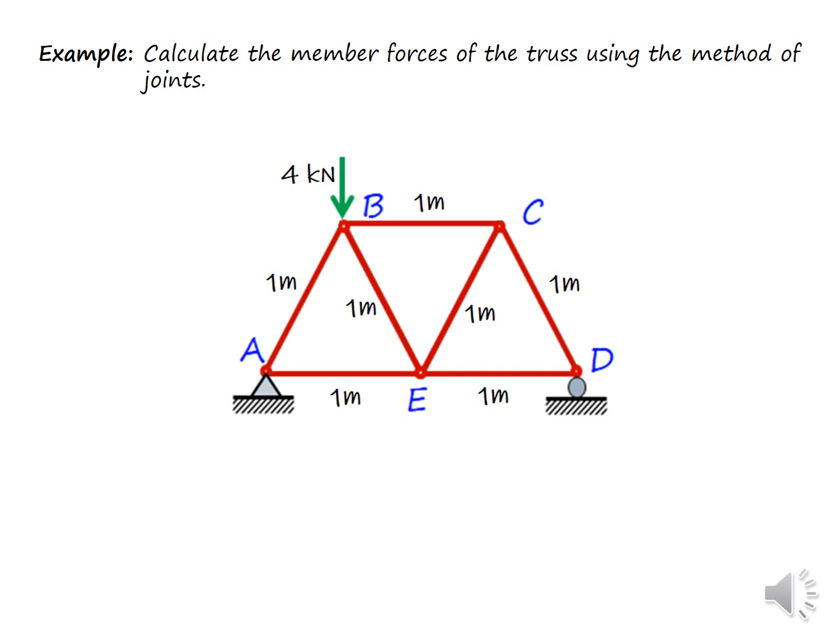We are given a truss A, B, C, D, E with member sizes of 1 meter and a 4 kilonewton vertical load applied at joint B, and we are asked to calculate the member forces of this truss using the method of joints. Particularly, we are using the analytical approach.